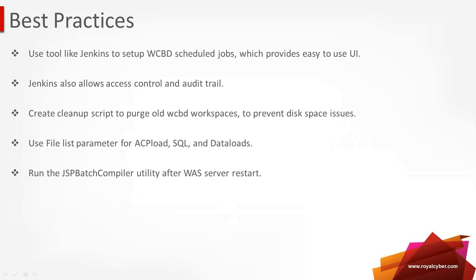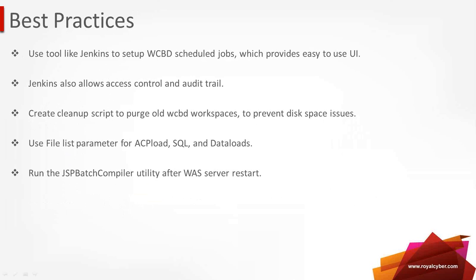Some of the best practices: you can use tools like Jenkins to set up the scheduler jobs, which provides a user interface. It makes it much easier to schedule the WCBD jobs. It also allows a better way for access control.